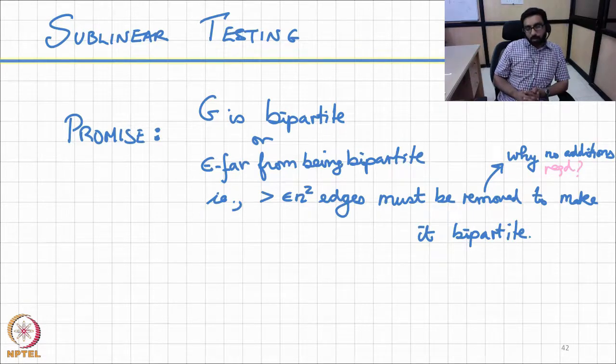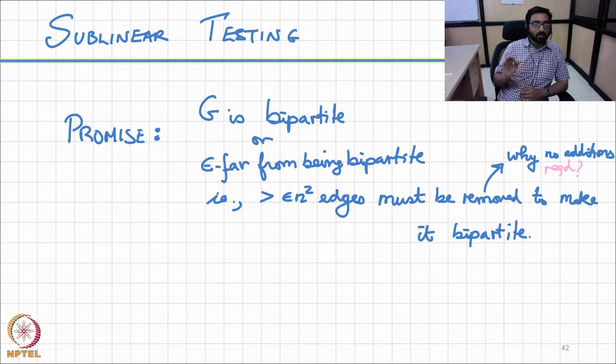And for this purpose, we will need a promise. And the promise should be that either the graph G is bipartite or it's epsilon far from being a bipartite graph, which means that more than epsilon n squared edges must be removed in order to make the graph bipartite.